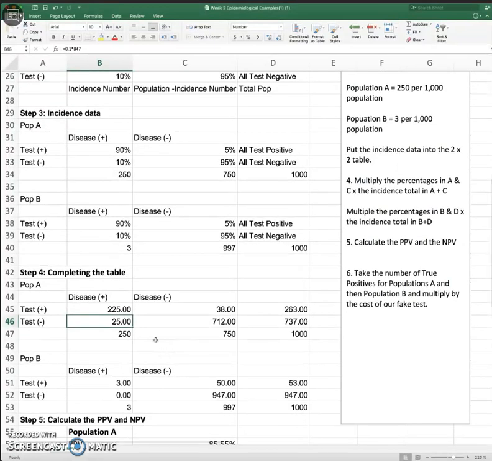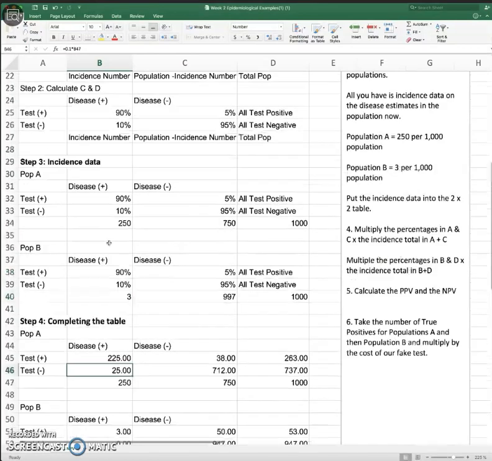Now, when we screen with that same test using a smaller population, we see that nobody is given a false negative diagnosis, and 50 people are given a false positive diagnosis. Once again, just distributing based on the percentages in step 3.